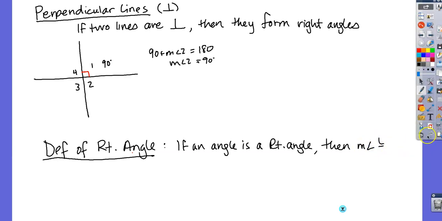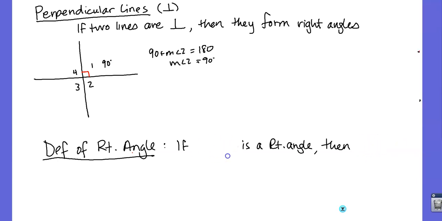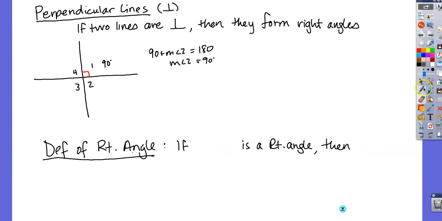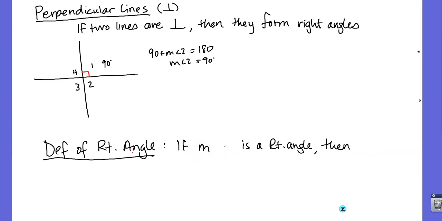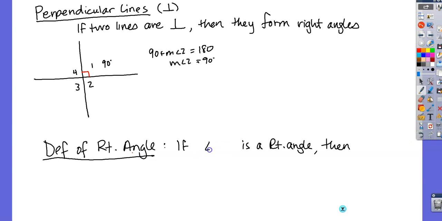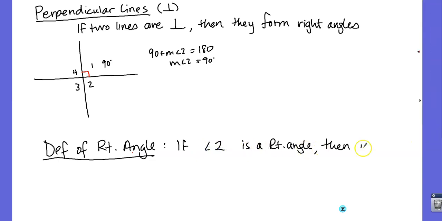Usually, instead of just saying if an angle, we usually say what the angle is. So we would say if angle 2 is a right angle, then the measure is 90. That's the definition of a right angle.